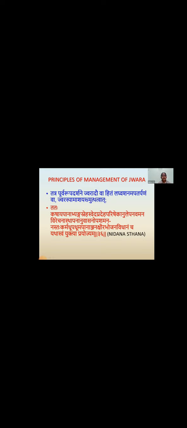Because of all this, the first line of treatment will always be Apatarpana. Apatarpana may be in the form of Langhana, that means complete abstinence of food depending upon the condition, for a particular duration, and after that perhaps with Lagvashana.